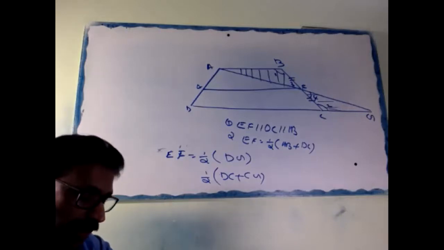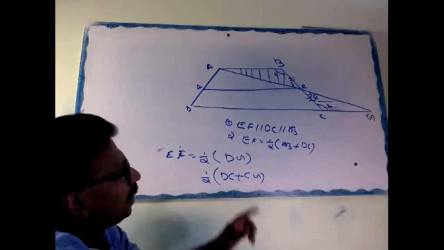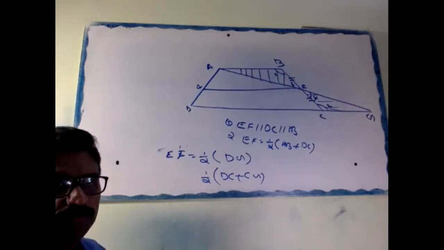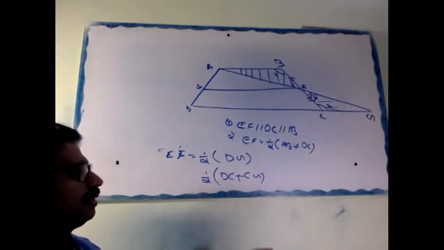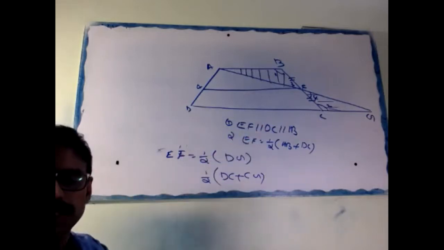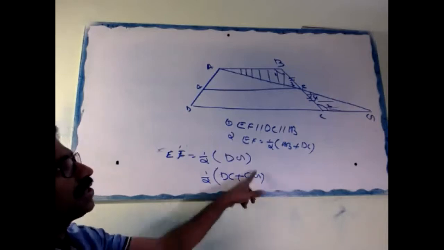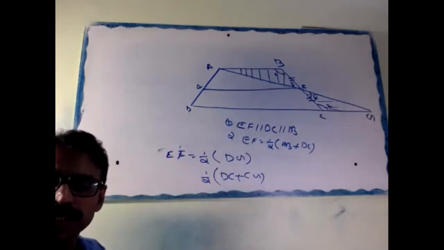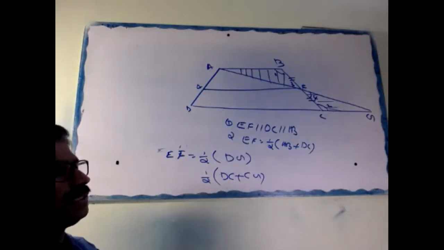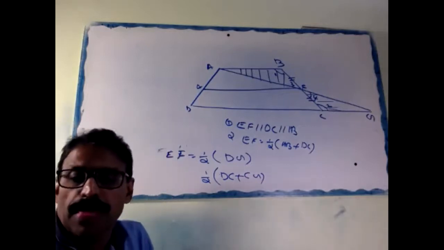Okay, now second part. Also EF is equal to half of DG. Check DG: half of DC plus CG. CG is equal to AB, we proved. That is half of AB plus DC. Okay, try first.